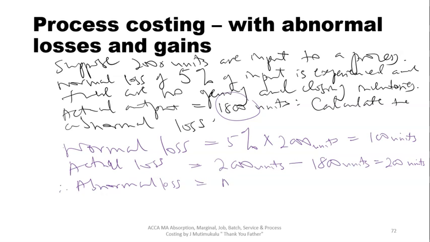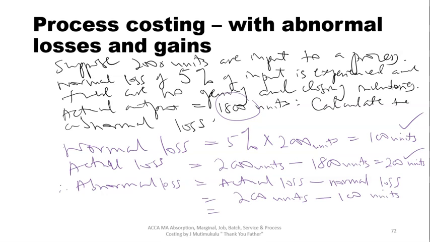is equal to actual loss minus normal loss. All right, the actual loss were 200 units according to our computation here, minus the normal loss 100 units, and we get 100 units as our abnormal loss.